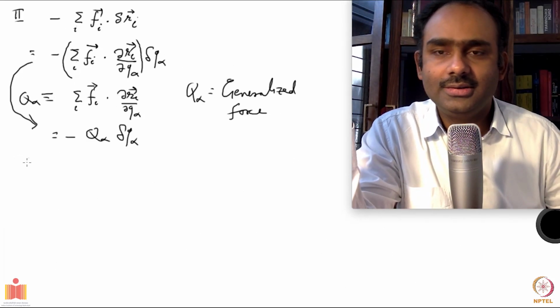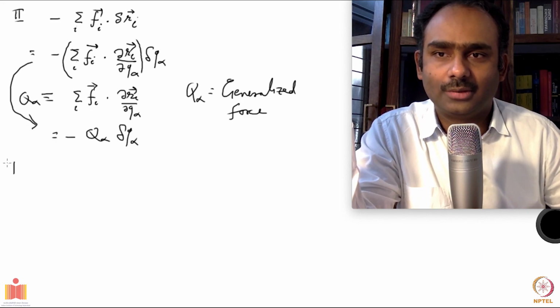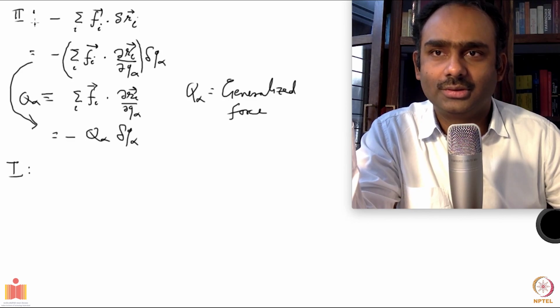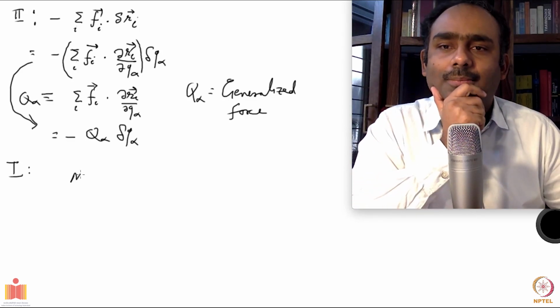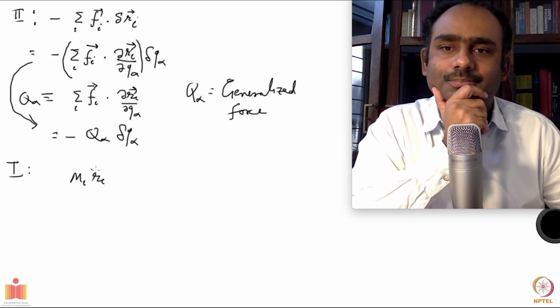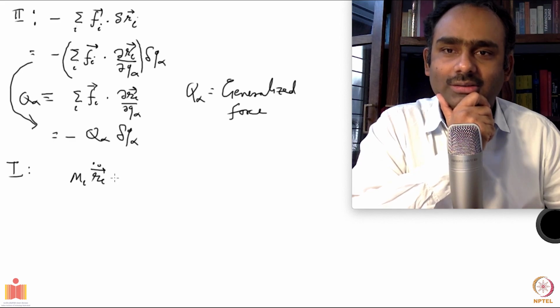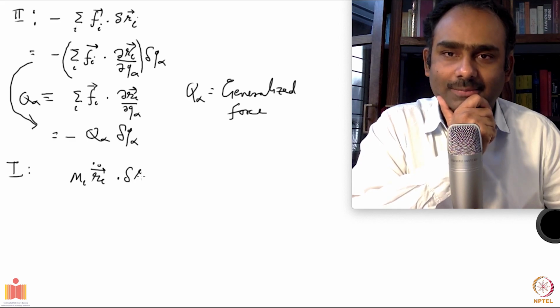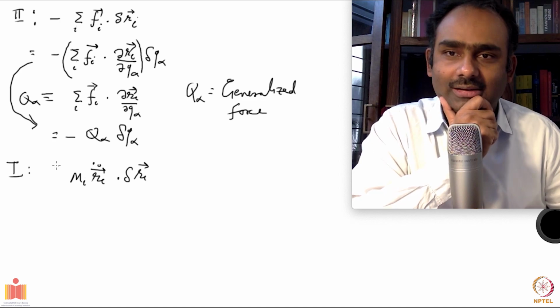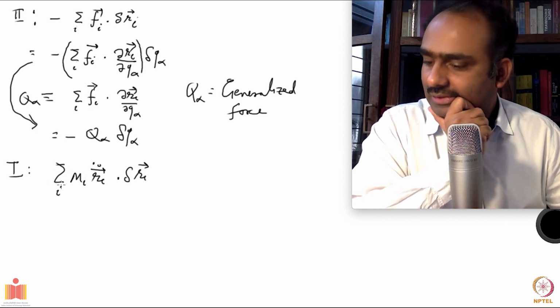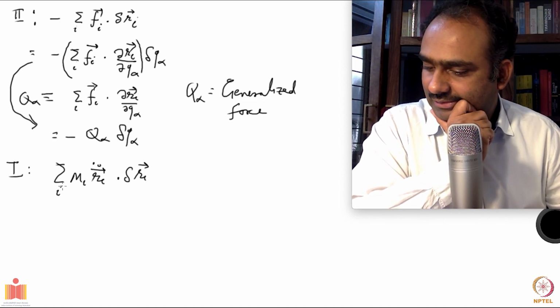So let's see, term number 1, here was term number 2. Now this is going to be very interesting. We are almost there. Mi ri double dot delta ri, summation over all i.